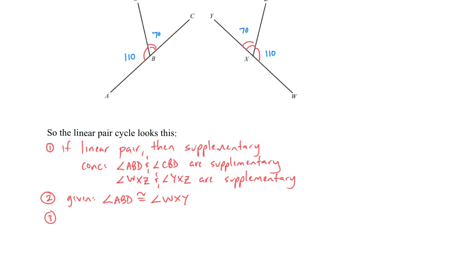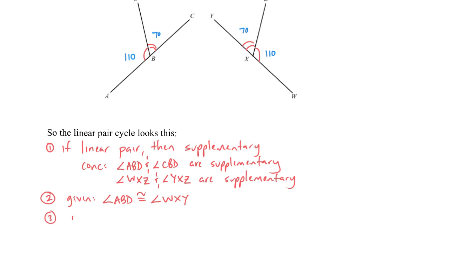Okay, so now here's the step where, in step number 3, we're going to say, if I know that I have supplementary angles, and I know that two parts of those pairs are congruent, then that means the other parts are congruent. And the way we write that down is the following.